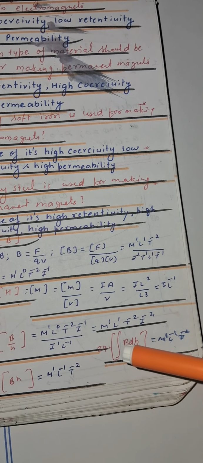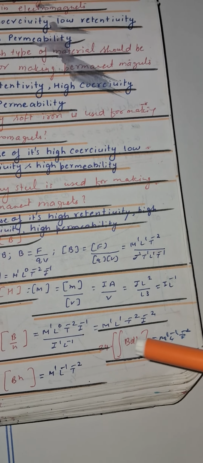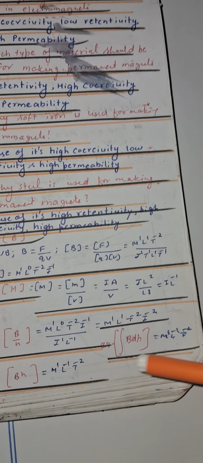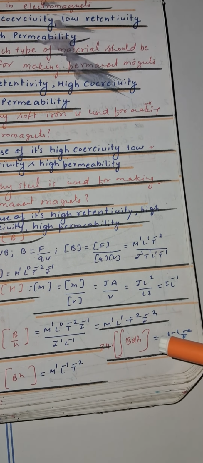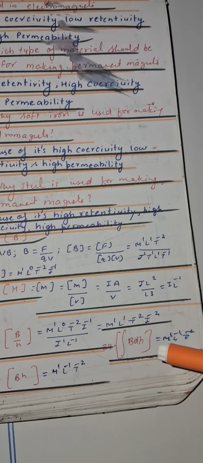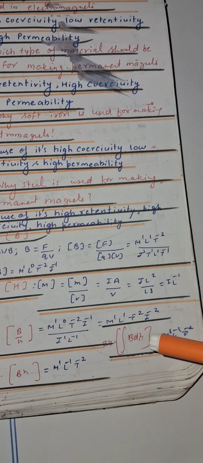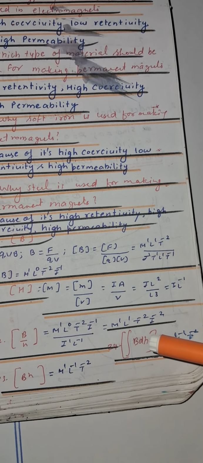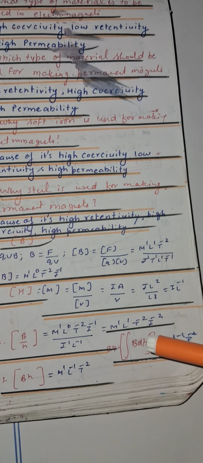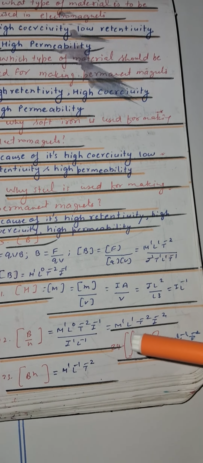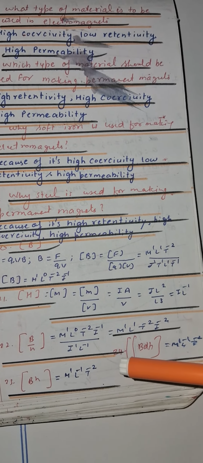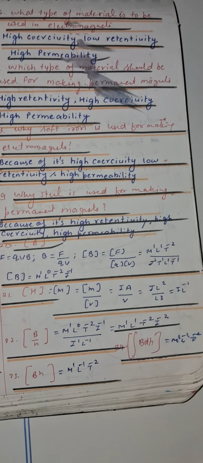That will have dimension as B into dH, and dH has the same dimension as that of H. So we will have the dimensional formula as M1 L minus 1 T minus 2, which is the same as that of energy density, pressure, stress, modulus of elasticity, Young's modulus, bulk modulus, modulus of rigidity. All of these have the same dimensional formula, M1 L minus 1 T minus 2.